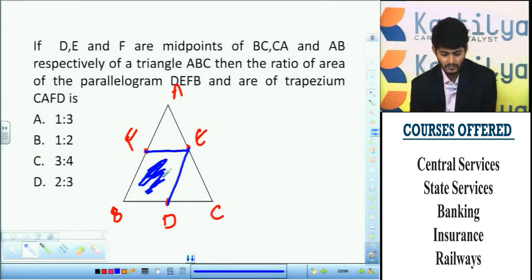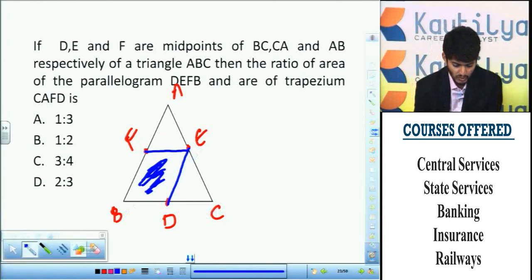This would be your parallelogram, because your basic theorem in geometry, called the basic proportionality theorem, tells you that the line joining the midpoints of two sides, which is FE, will be parallel to the third side, which is BC, and exactly half of it. So clearly FE and BD are equal and parallel. Similarly BF and ED are equal and parallel. So the figure has to be a parallelogram.